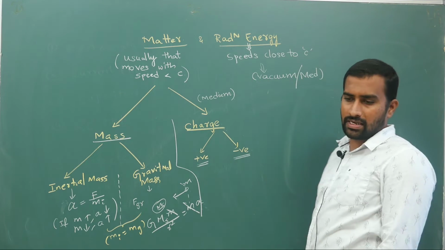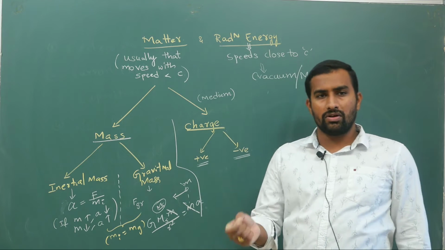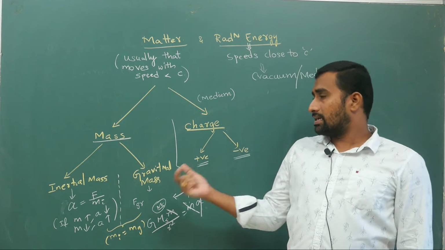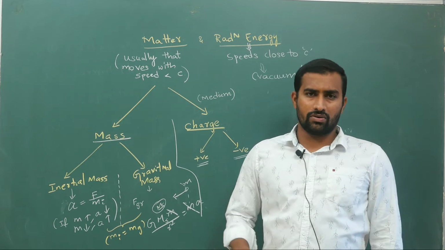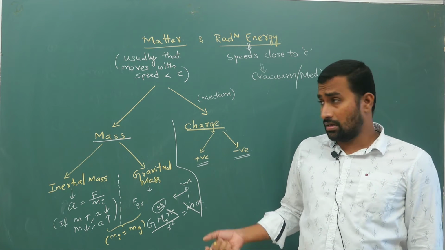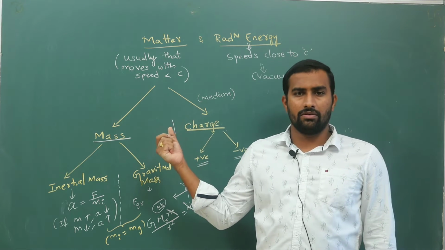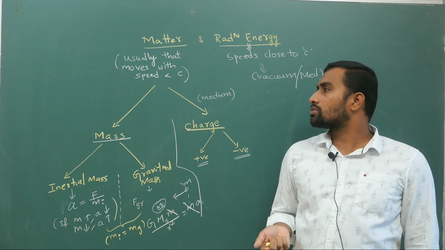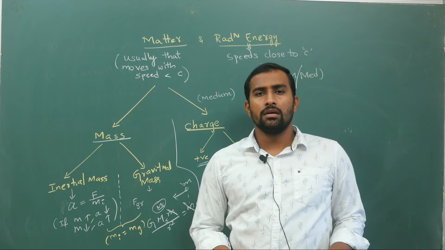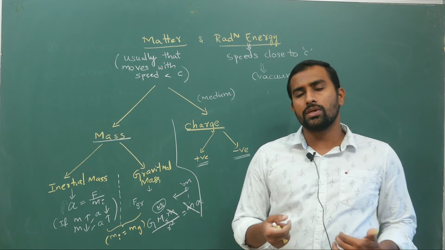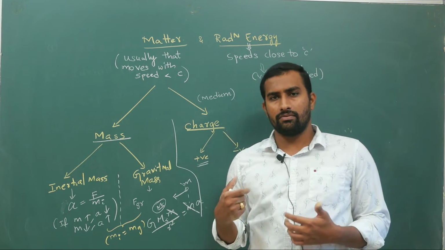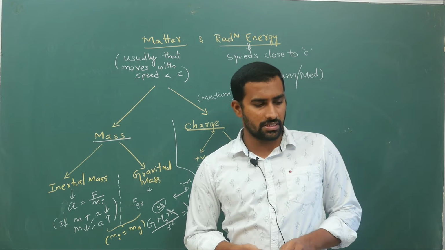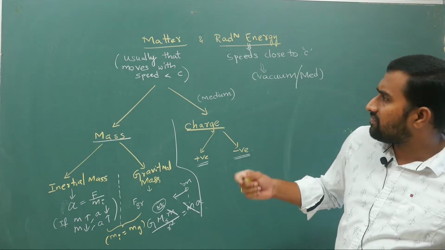But usually for matter particles, a medium will be there, and you need to look at what is happening to the particles, whether mass or charge or force or field, anything that you define, you have to look at the influence of the medium. Coming to radiation energy, the medium is of course to be looked upon, but we will usually talk less about the medium there, though we will discuss it even in radiation energy. Now this is your first part.